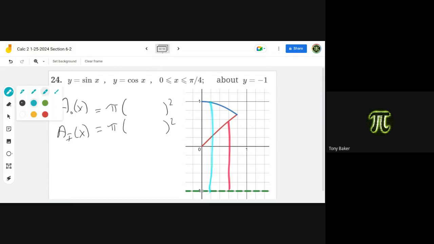That's my outer. So what's the equation for my outer? Why is it plus one and not minus one? Because negative one is below the x-axis, so you have to add. Correct. So this is cosine of x. And that part is the plus one.